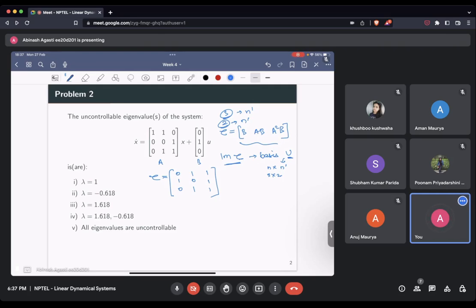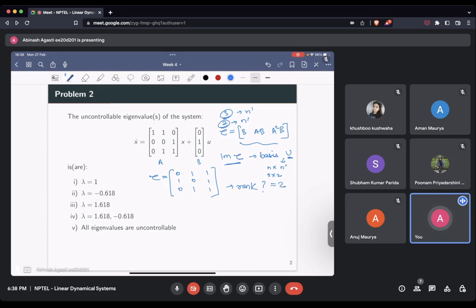So what is its rank? So 2. Rank is 2. Correct.